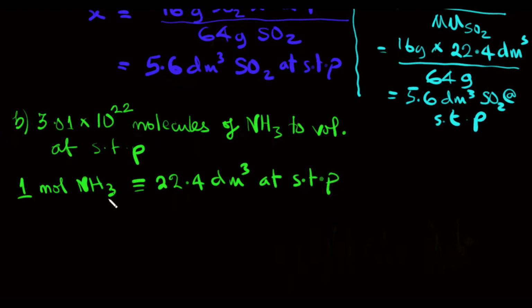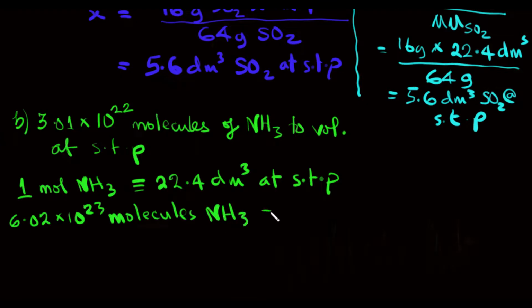How many molecules are present in 1 mole of ammonia gas? 6.02 times 10 raised to power 23 molecules of ammonia gas will occupy 22.4 dm cube at STP.